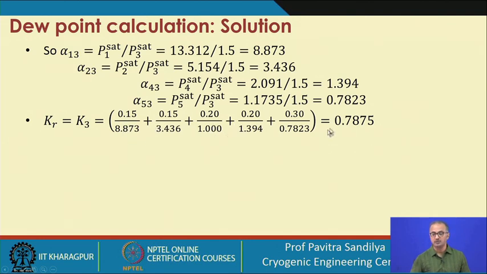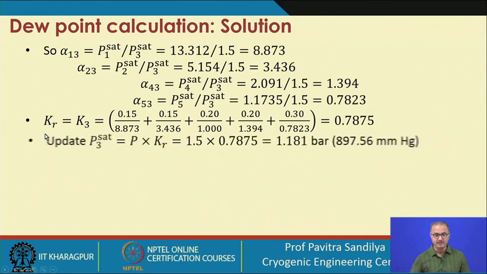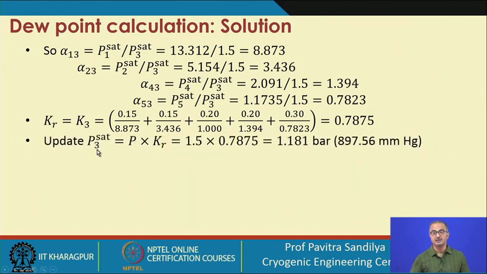This summation formula we use to find the value of the reference K value, and from this we update the value of the vapor pressure of the reference component, P into Kr, and we find this is the updated value of the vapor pressure.